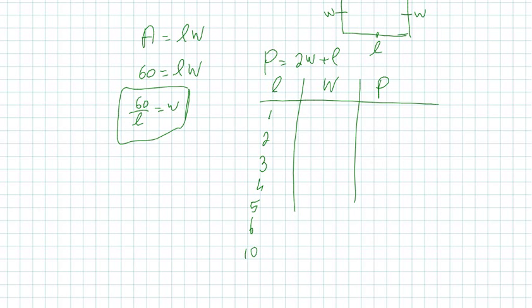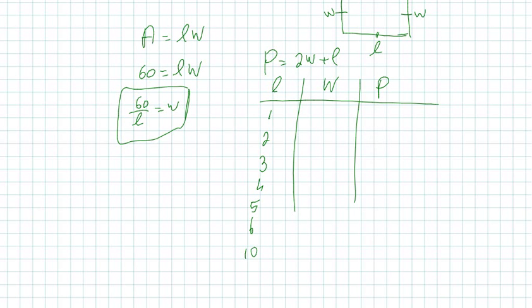So the difference between this question and the question before is your starting point, because you're starting with the formula for the area, that you have to rearrange, and you have to set up your equation a little bit. Are we okay with this?